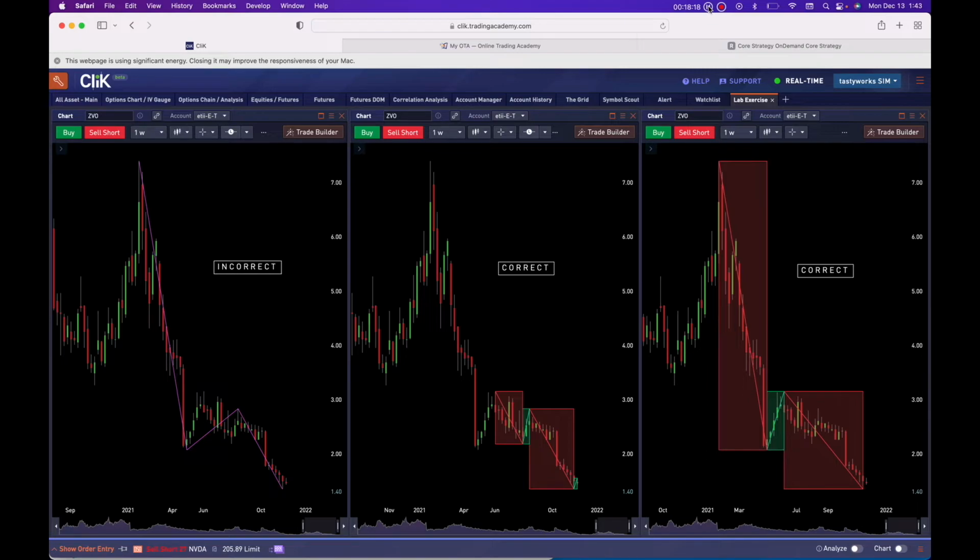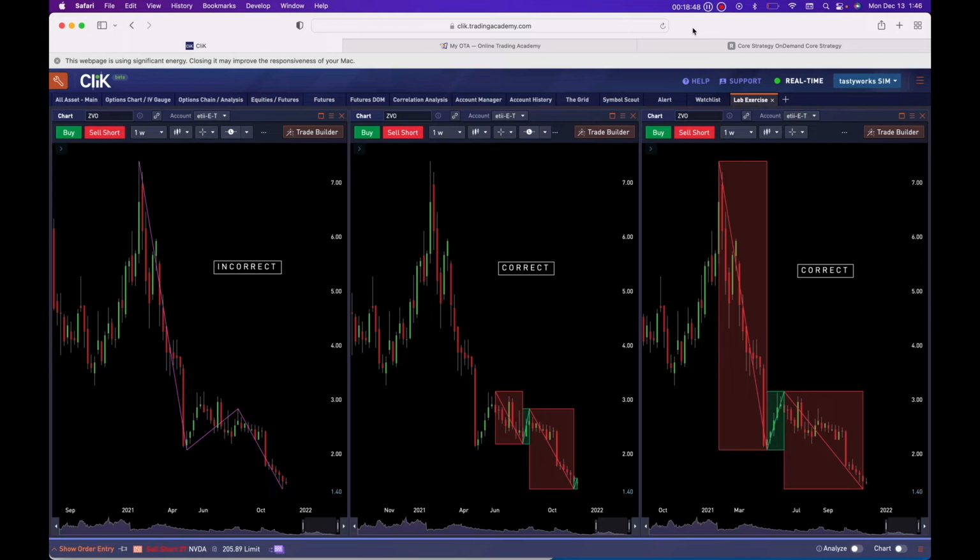And as long as those characteristics are present in your trend lines or in the boxes that you've drawn out, then you've correctly identified the downtrend. And make sure that any price action on the chart is included in your boxes and or your trend lines. To make that process easier, it may be easier for you to use boxes rather than trend lines.